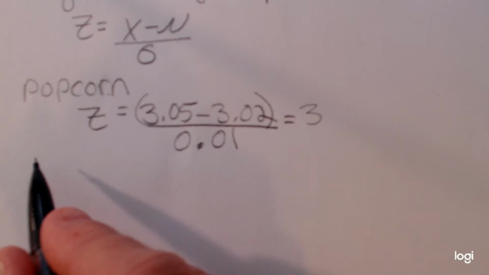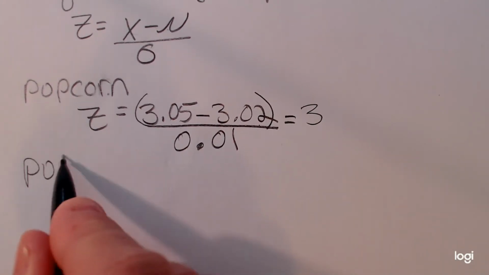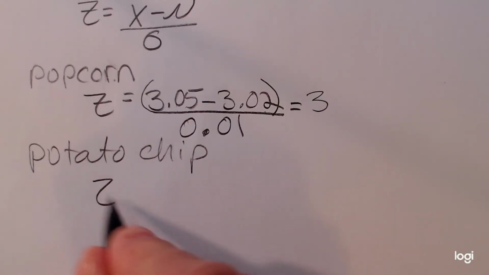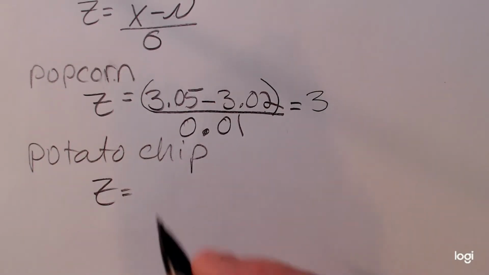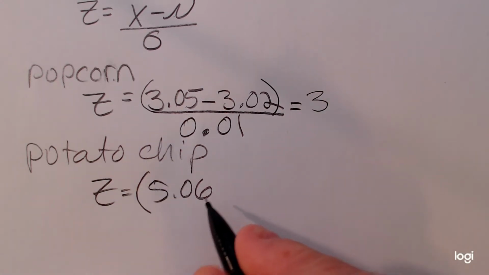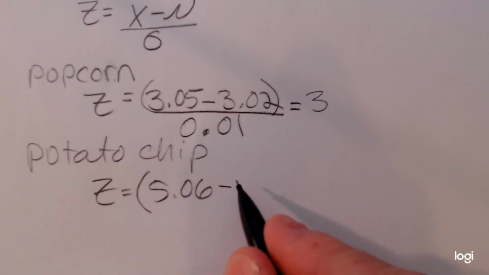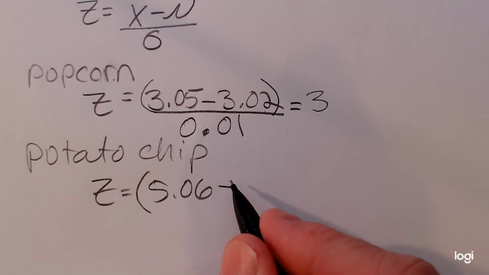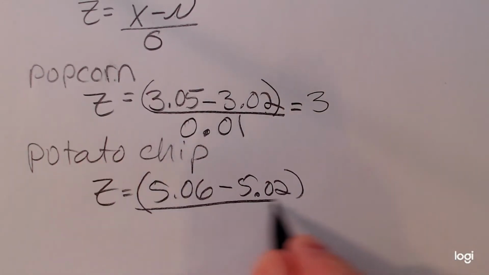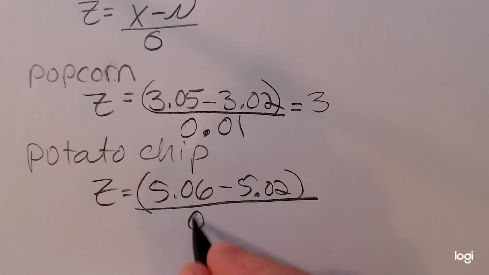Okay, so now we have the potato chips. Let's find that z-score. The observation was 5.06, that was the randomly selected bag's weight, minus the mean for that population of potato chip bags, and then divide by the standard deviation.